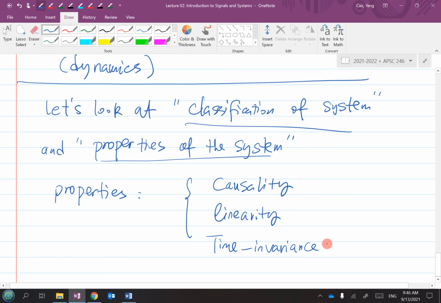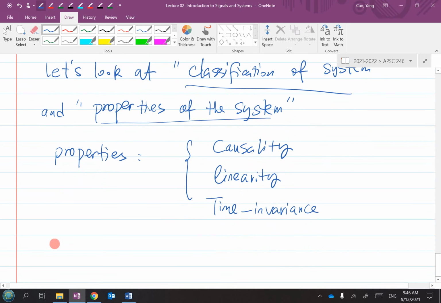It's really a bigger picture. We will dedicate lectures to each one of these, and as a matter of fact, I will say a little bit about causality today if we've got time. Now, based on the properties, we'll be able to classify the system.